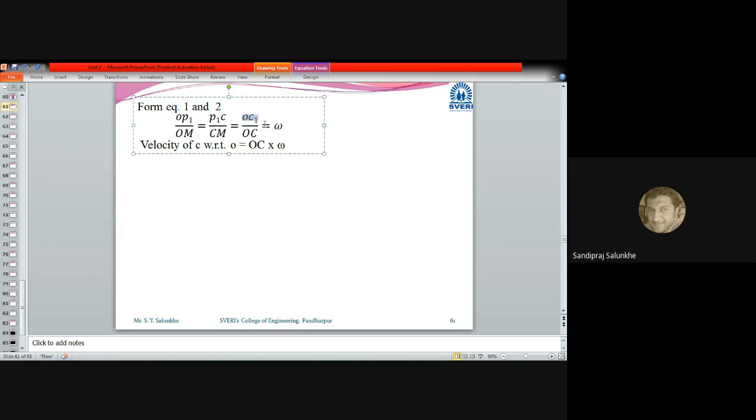OC1 is nothing but the velocity of C with respect to O, which is rotated by 90 degree. Don't forget it. We are not getting its direction, we are getting only value.